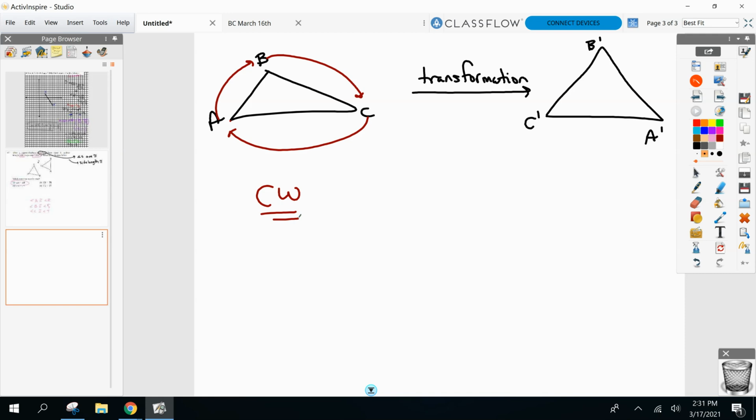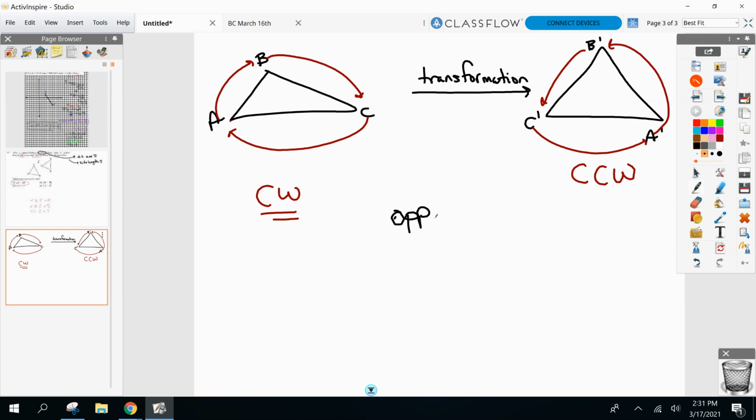So now I'm going A to B, B to C, C back to A. Notice what I did there. That is counterclockwise. So what we would say is these two figures have opposite orientation. One's going clockwise, the other's going counterclockwise. If they were both going the same direction, I'd say they have same orientation instead.